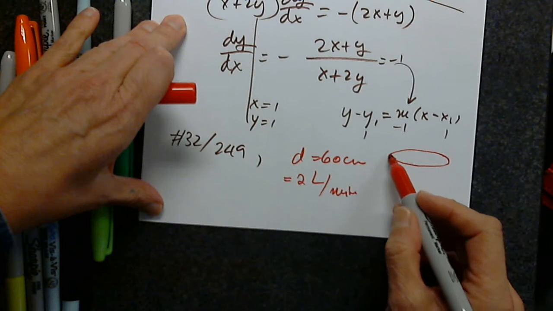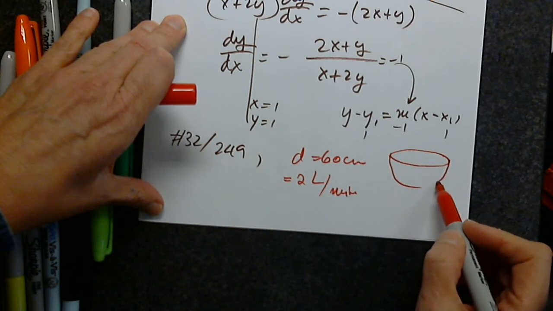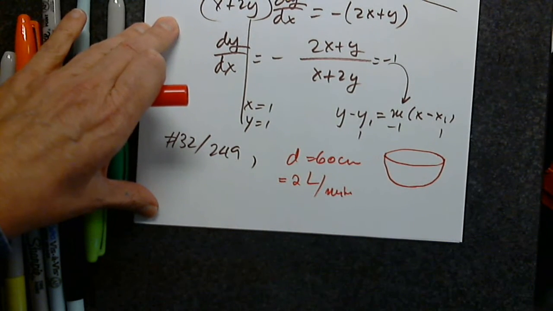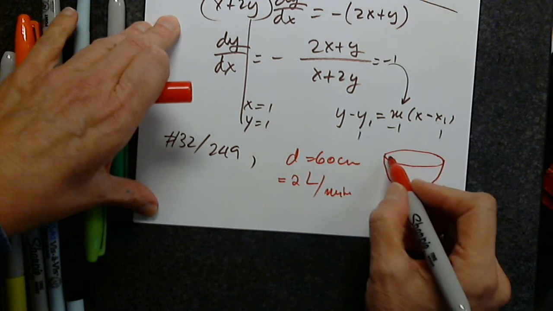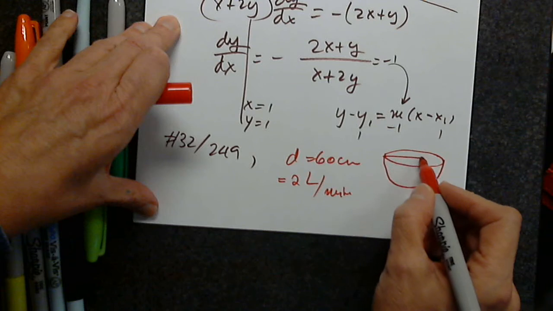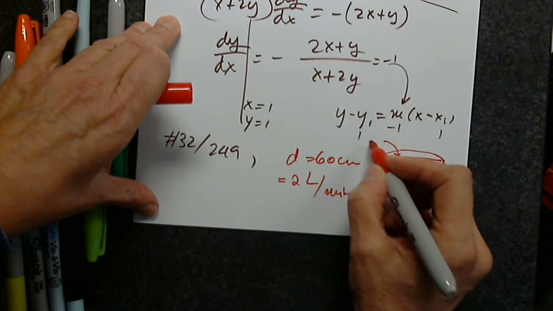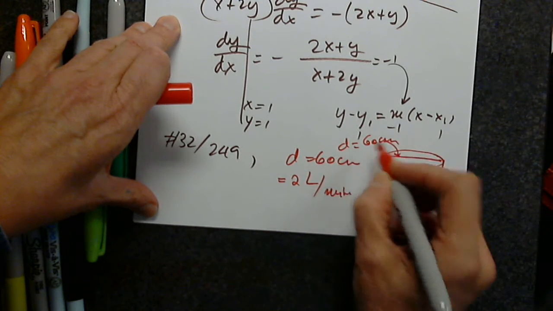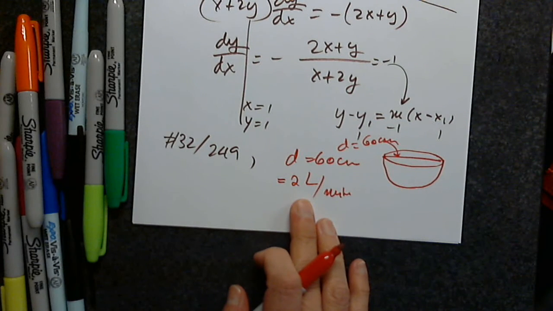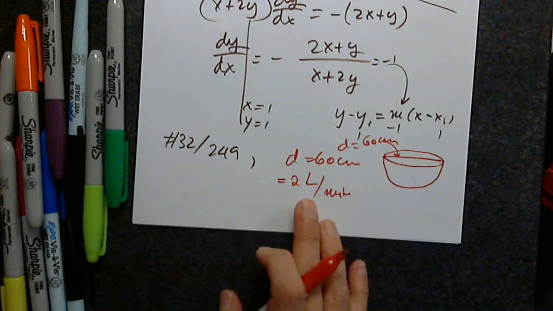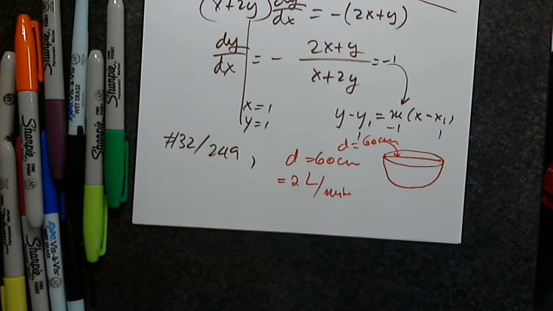I haven't read everything, so I may come back and change, but for now, this is what we're trying to fill up with water. And we are given that the diameter is 60 centimeters. That's what I know so far. And I am told that the rate is 2 liters per minute. I have to decide what this is before I continue.